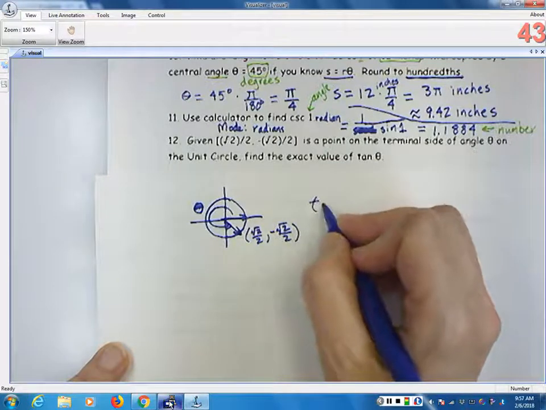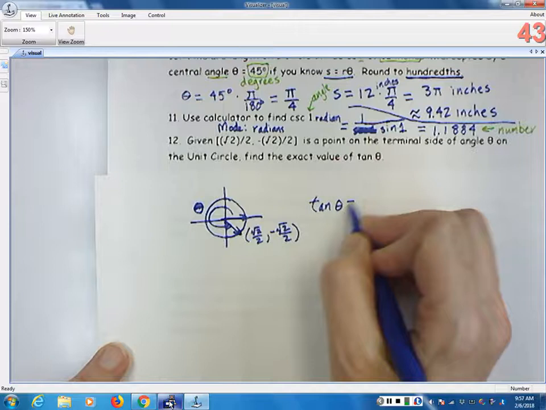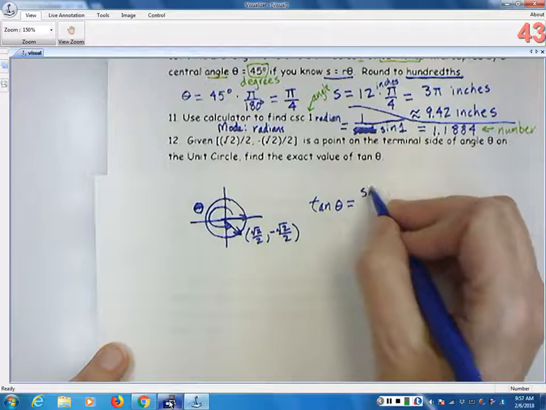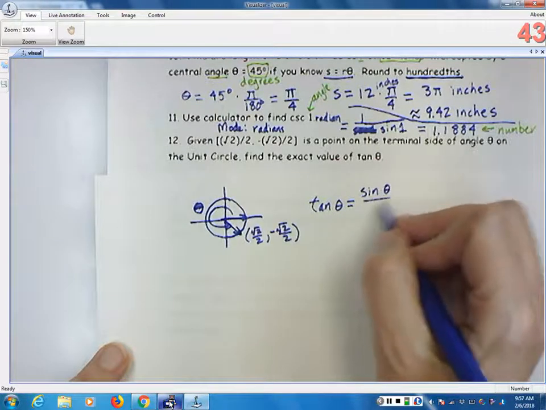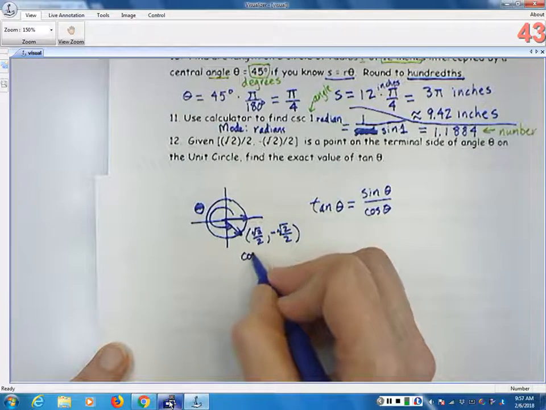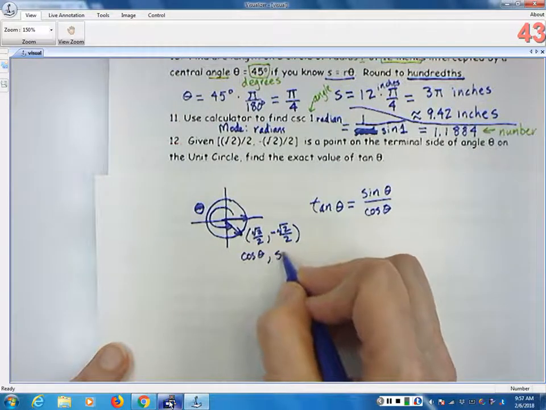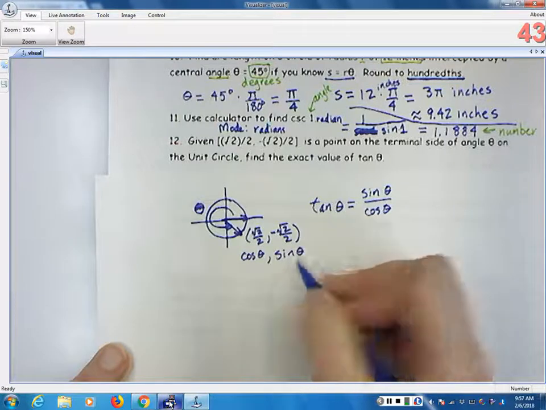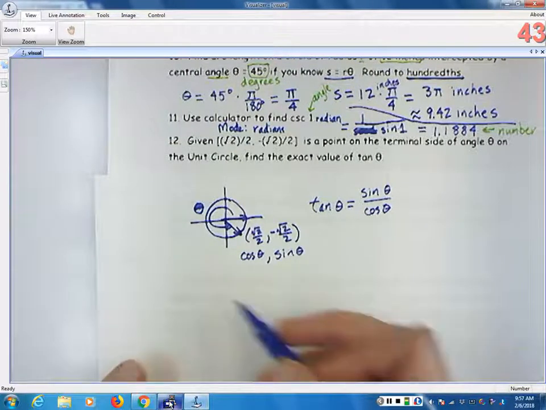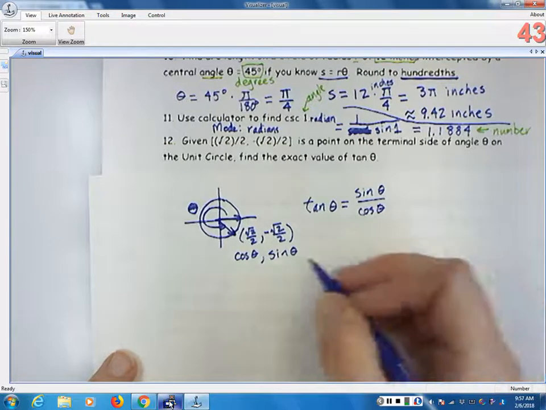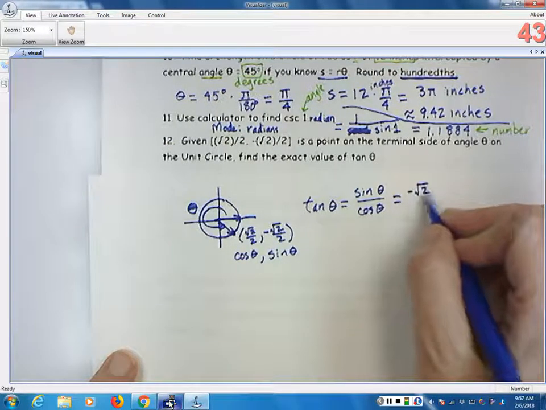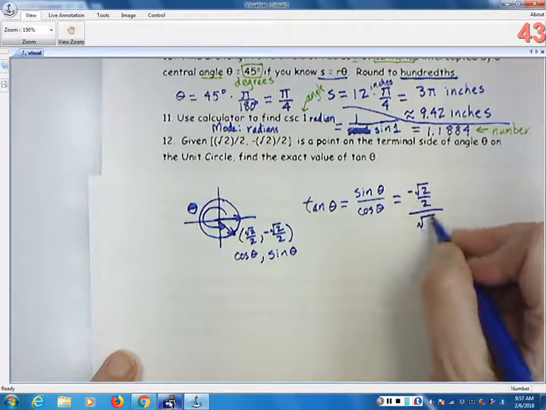So tangent theta is sine theta over cosine theta, or if you remember, it's y over x. So it's minus square root of 2 over 2 over square root of 2 over 2.